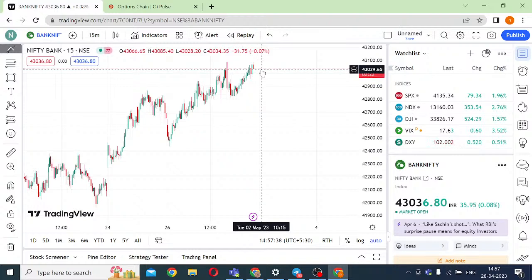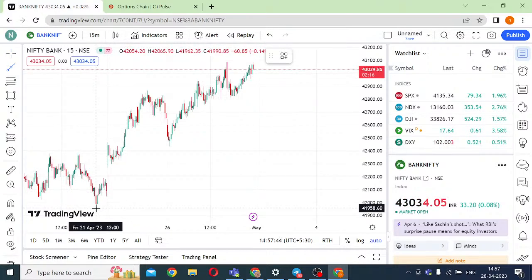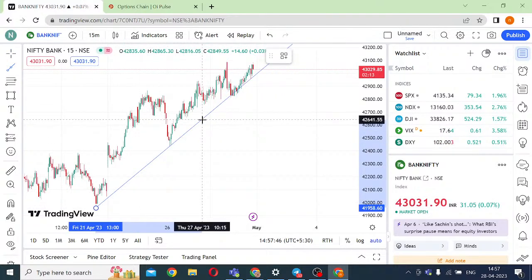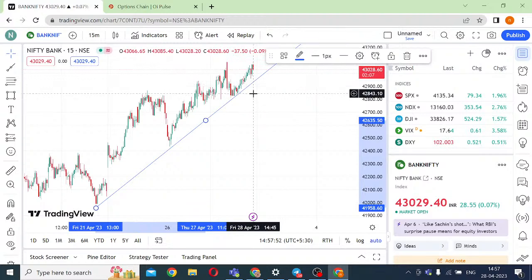If you observe the chart very carefully, there is a very steep trend line created in Bank Nifty, which is telling us one thing: Bank Nifty is stretched. If you measure the angle, it is a very steep trend line.